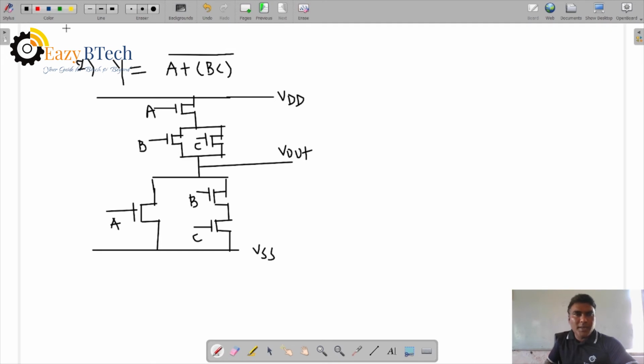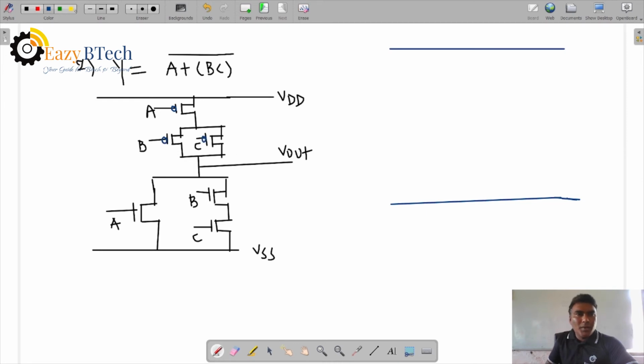Let us see the stick diagram for this. So what is the stick diagram? For this, VDD and VSS are blue color. Right? Now, this is a PMOS because a bubble is here.